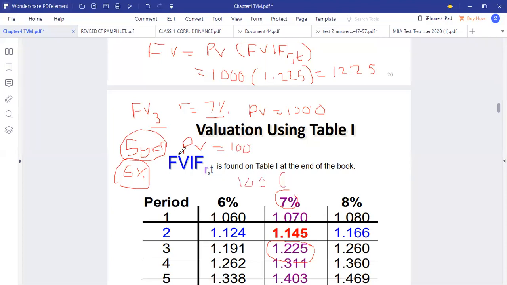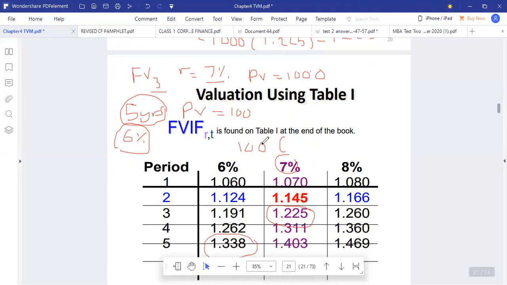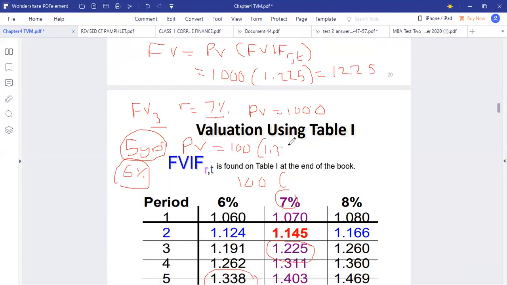Then you check under 6% and 5 years. What figure is there? 1.338. So when you multiply these two, we get 133.8. So using the table is very easy. I'll teach you also using our formula.